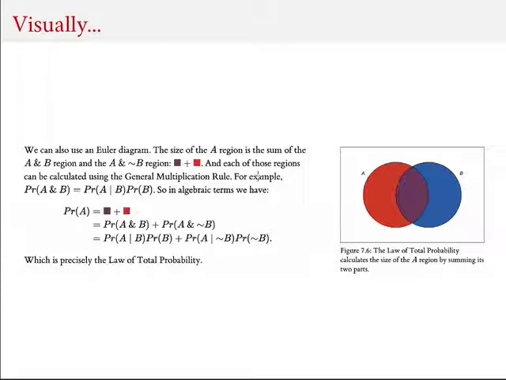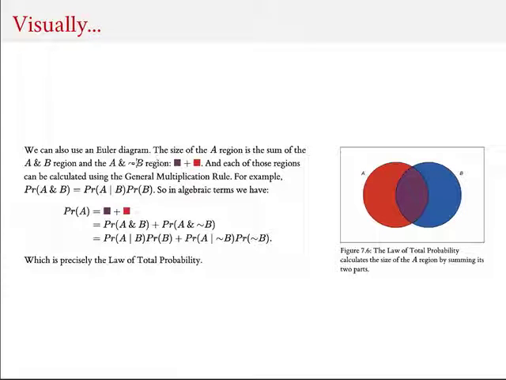And what we note is that the size of the A region is the sum of the A and B region, which is the purple part, where both A and B are true, and the A and not B region, which is the red part, where A is true and B is false. So the sum of A, this whole circle here, is the purple part added to the red part. Okay, so purple plus red.